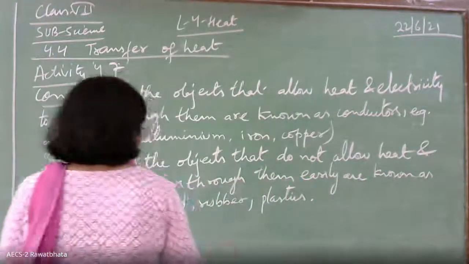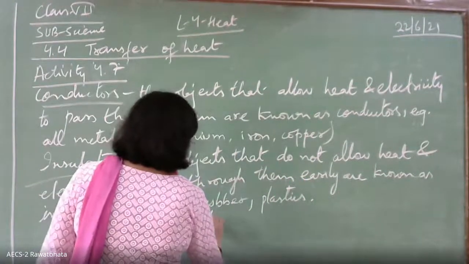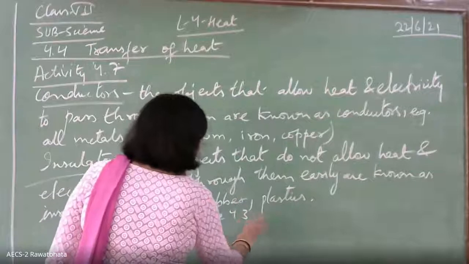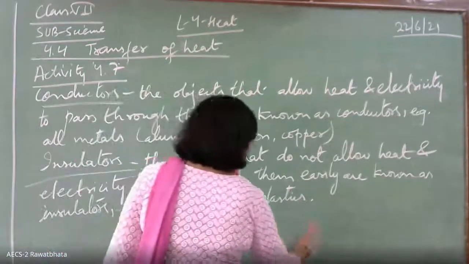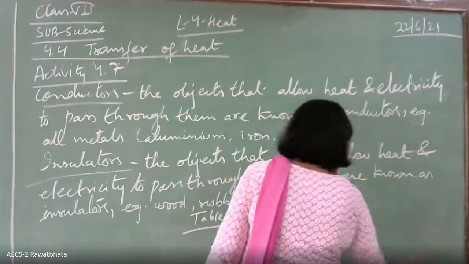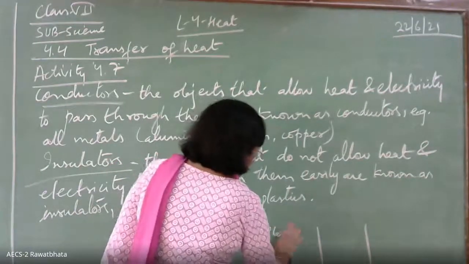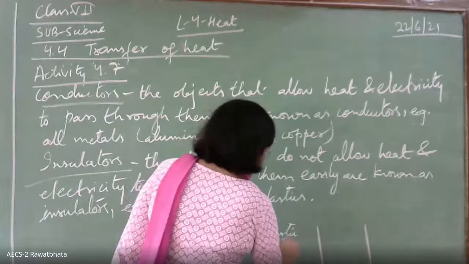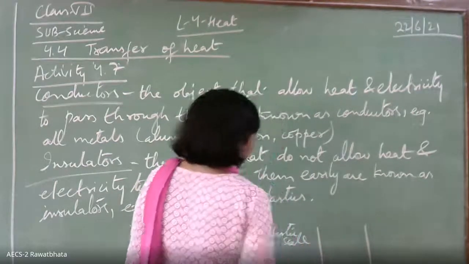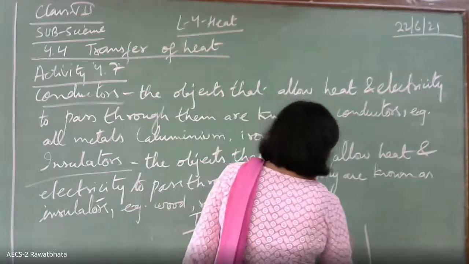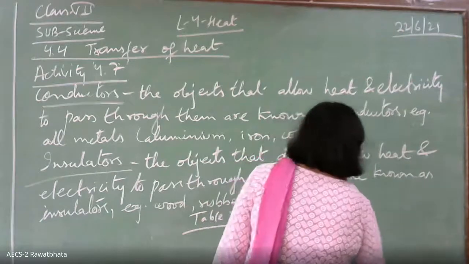That means if you are writing in table number 4.3, there are 3 columns. The first one, just below the steel spoon, you will be writing plastic scale. Next column, plastic.